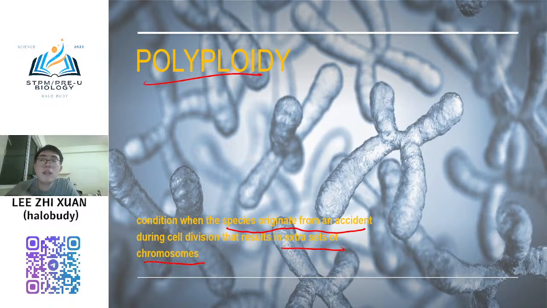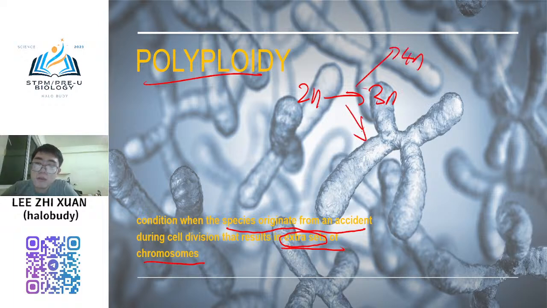Aneuploidy, it only involves maybe a change in one or two chromosomes only. Dia memang hanya involve certain number only, very low number lah. But this one involves extra sets, meaning actually should be 2n. After that, it will become 3n or even 4n.